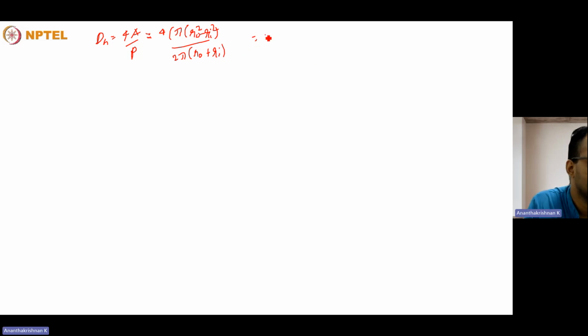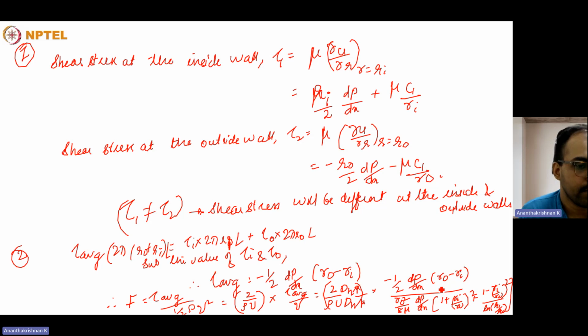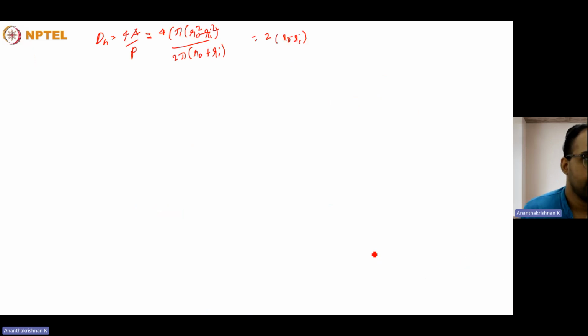So we can simplify this 2 pi. R outer squared minus r inner squared can be written as r outer plus r inner multiplied by r outer minus r inner, so only r outer minus r inner remains. There is another term of r outer minus r inner on the top as well, so these get multiplied with each other.